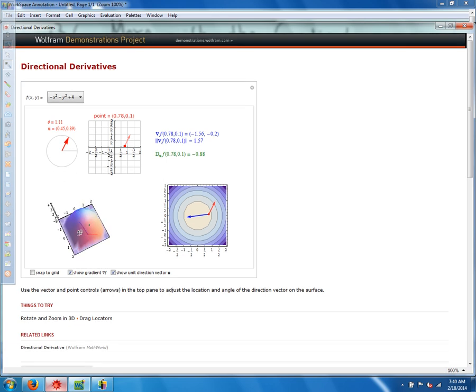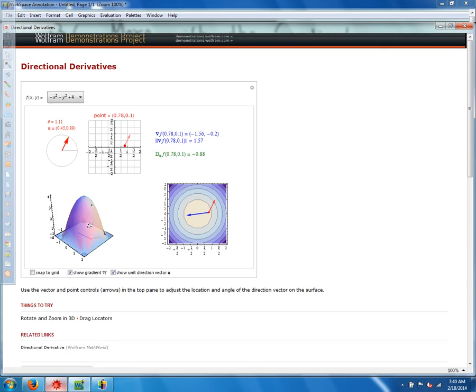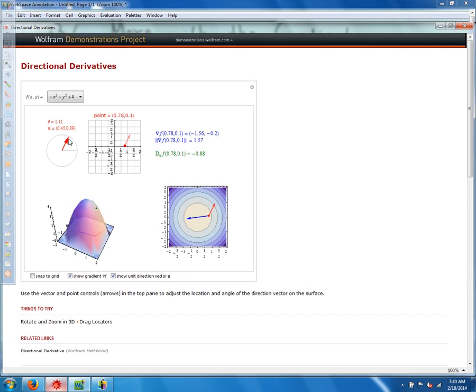So there's our surface, and the gradient is pointing in the direction of the maximum rate of change in our function. So it's kind of pointing straight uphill there. And if I move my unit vector around relative to my gradient, if I move my point around, I get a different gradient.